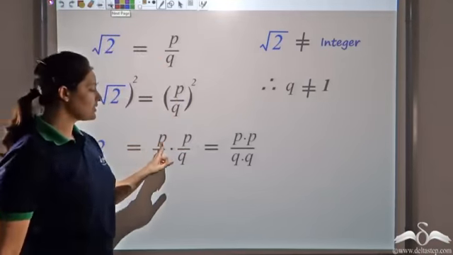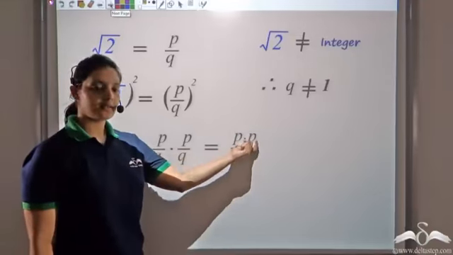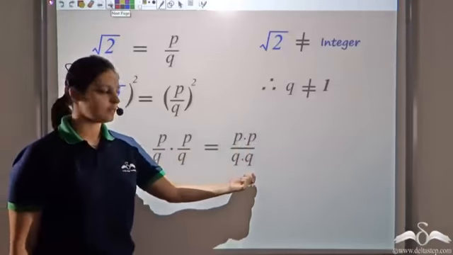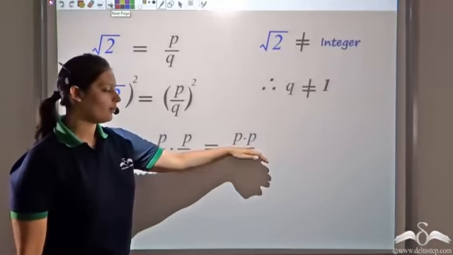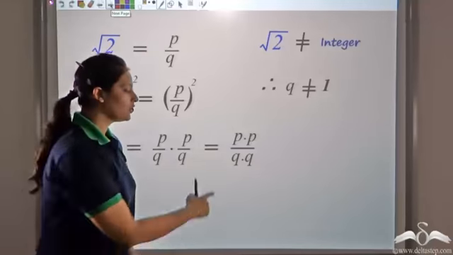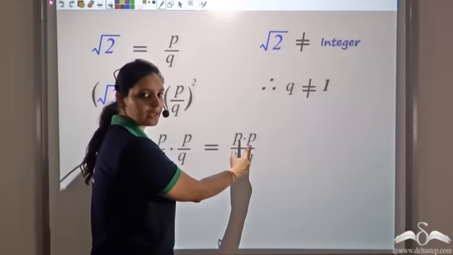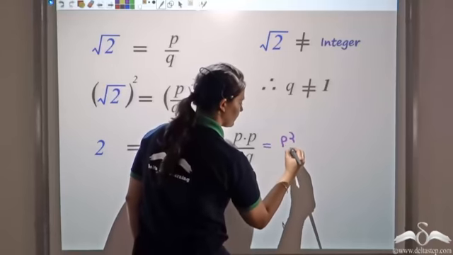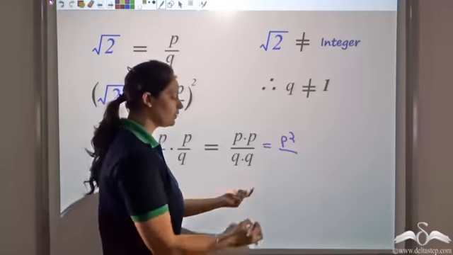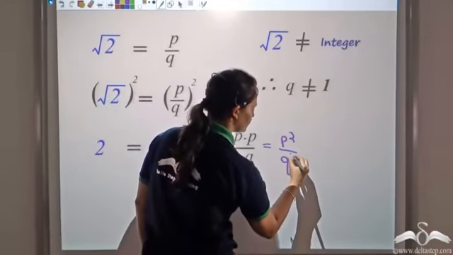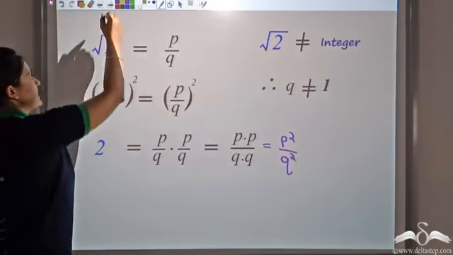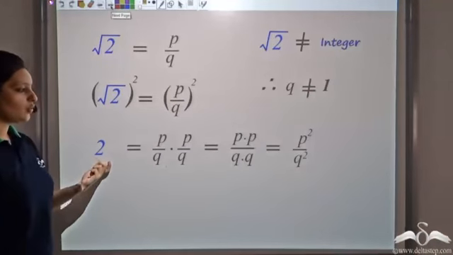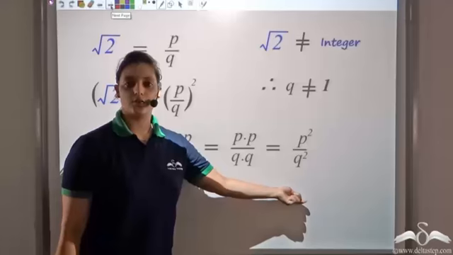I can write this as multiplying the numerators and multiplying the denominators, which is p times p upon q times q. Now p multiplied by itself 2 times is nothing but p square, and q multiplied by itself 2 times is q square. So we see that we can write 2 as p square by q square.